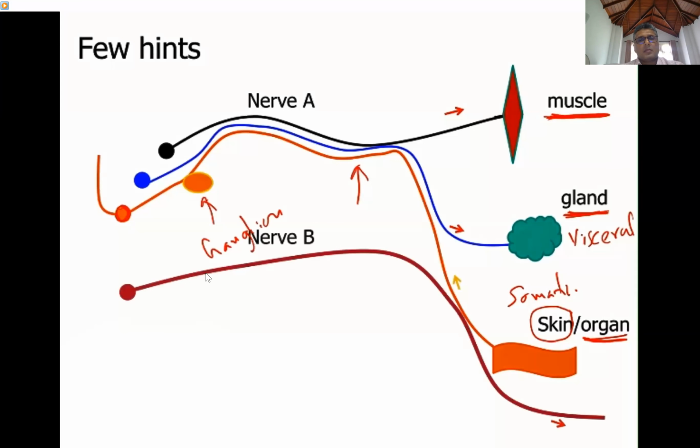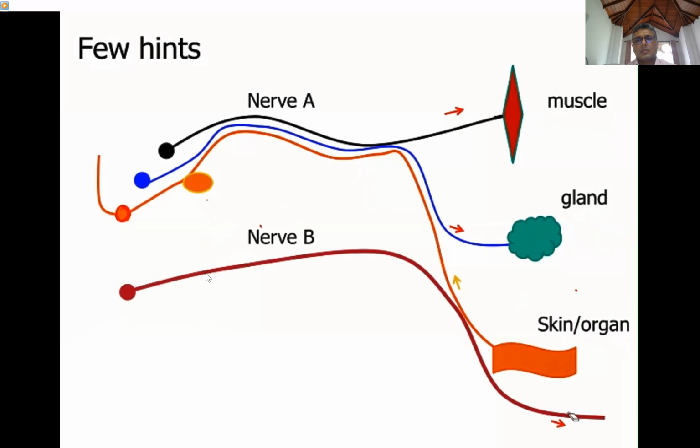Now this will show you something else. There is a nerve called nerve B here, and you can see these sensory nerve fibers that we were discussing. They actually go with nerve B for some distance before reaching nerve A, their original nerve.